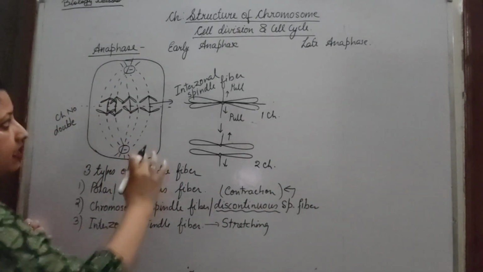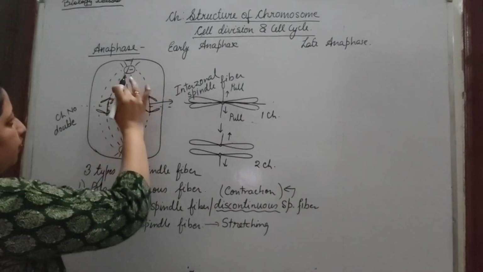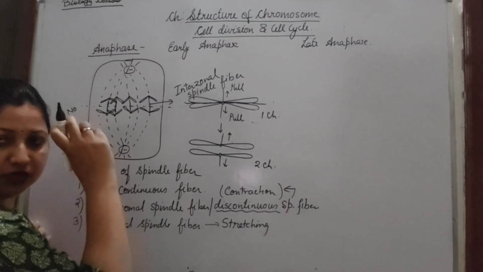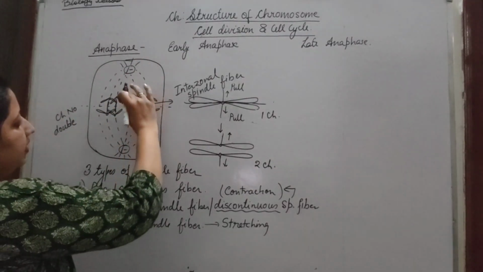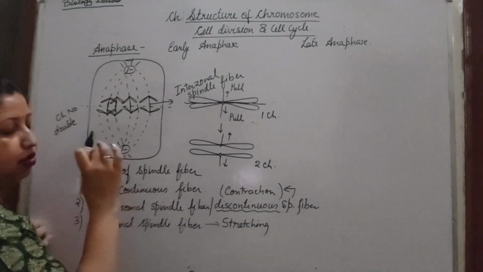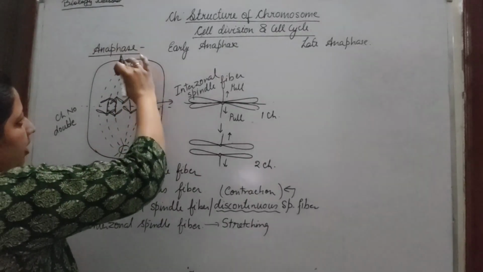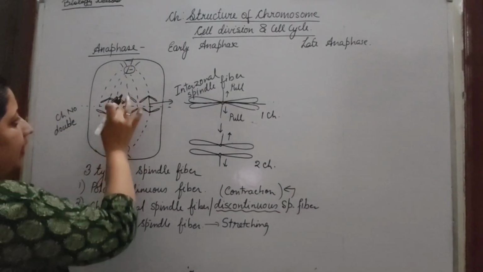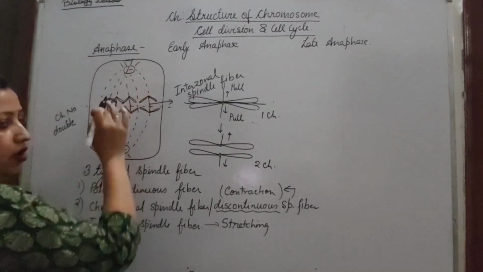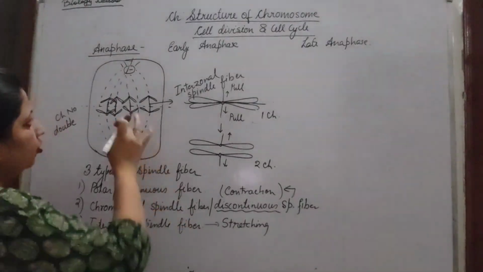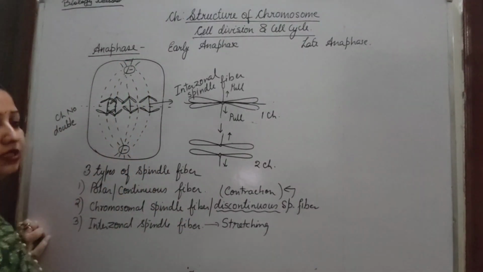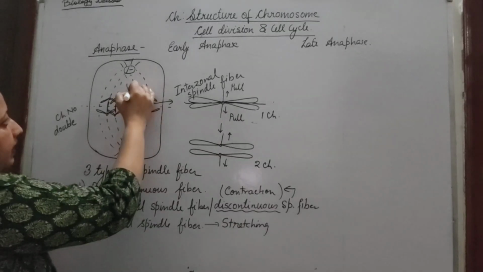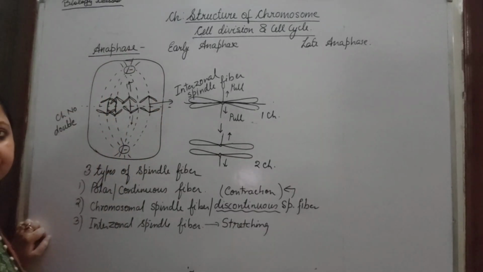The discontinuous spindle fiber, where the chromosome is attached, will contract, meaning it will shorten a little, and the middle one becomes stretched. When the middle becomes stretched and this part becomes shorter, it creates a pull or tension, and that is why the chromatids, now called chromosomes, move toward the opposite poles. They are moving toward this pole and toward this pole.